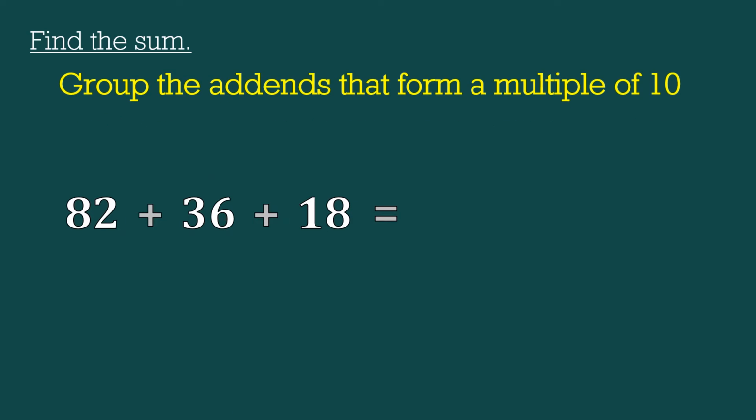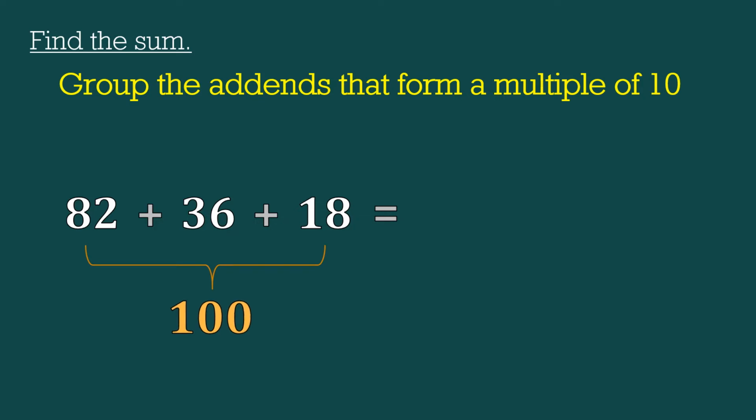Let's have another example. We see 82 and 18 makes 100. 36 does not have a pair that can form a multiple of 10.